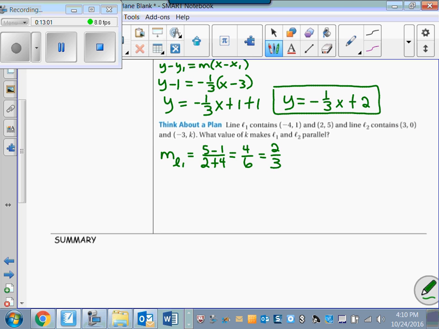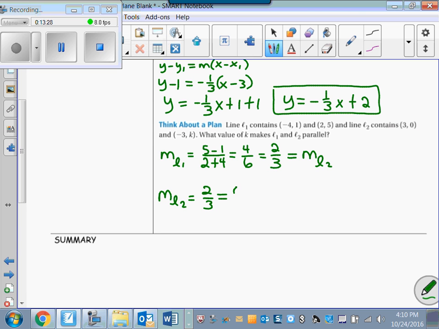Okay, that's the slope of L1, and if L2, I'm trying to find k that's going to make L2 be parallel, which means it's going to have the same slope. So the slope of L2 is also going to be 2/3, right? So let's go to L2 here. I know it's got to be 2/3 if it's parallel, and then let's look at our points that we have for L2.